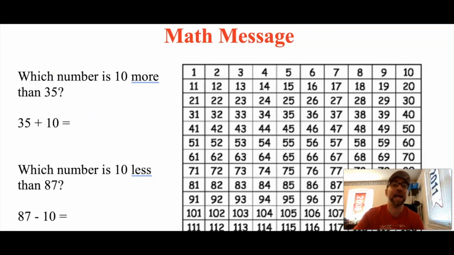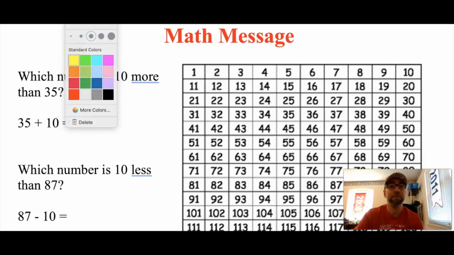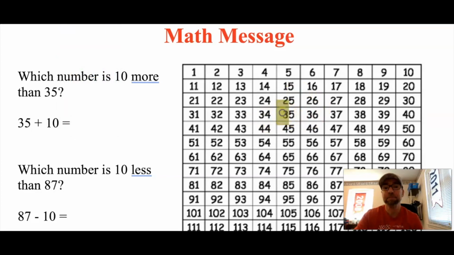35 plus 10. Well, if I was on a number grid, the first thing that I would do is I would find the number 35. There it is. And if I wanted a number that was 10 more, all I would do is drop down that elevator one time, and there is the number. 10 more than 35 is the number 45.